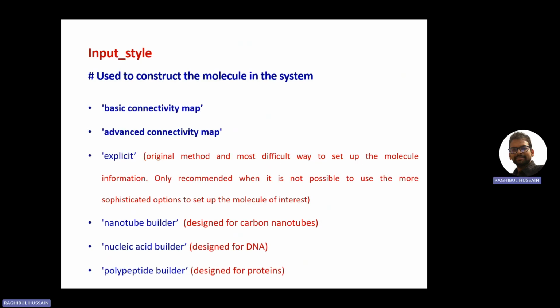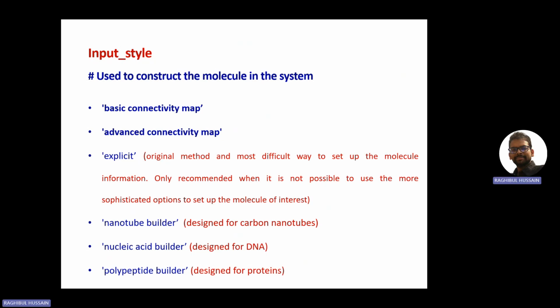See, in the TOEI, how many options do we have? 3 plus 3, 6 options are there to construct the molecule. To construct the molecule, we have 3 options. If you are using proteins, DNA, carbon nanotubes, then you have to use all 3 options.